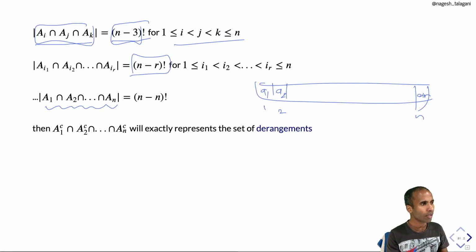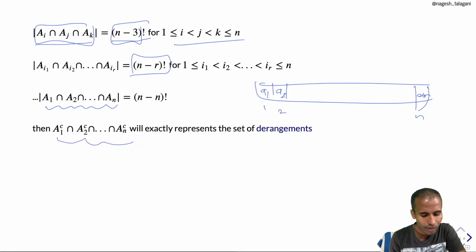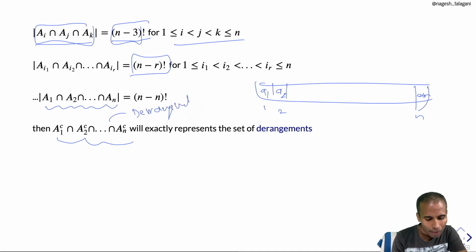Now, we are interested in this set because this precisely consists of derangements. See, what do the permutations in A1 complement ∩ A2 complement ∩ A3 complement ∩ ... ∩ An complement mean? Those are permutations having these properties. A permutation in A1 means the first object is fixed.